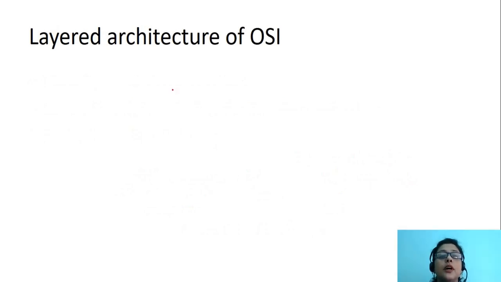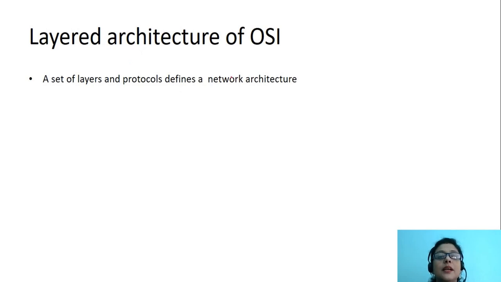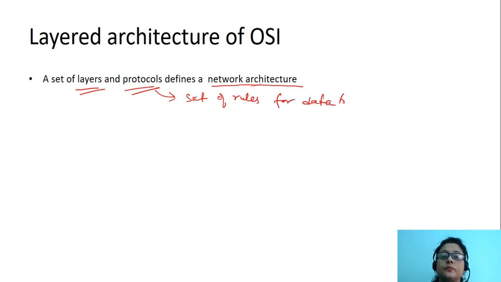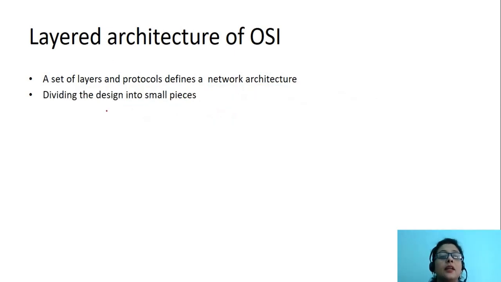Now we look into the layered architecture of OSI. Basically, a network architecture is defined by a set of layers and a set of protocols. These protocols are set of rules for data transfer, and layers have their own functionalities. The layering actually divides the entire design into small pieces.